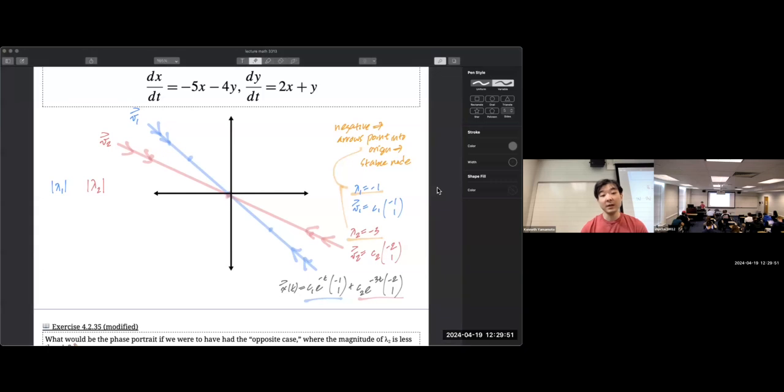So really this is the relationship. Even though -3 is lower than -1, its magnitude is larger. So that indicates that you're going to be tangent to the blue one, the blue eigenvector, approaching the origin.